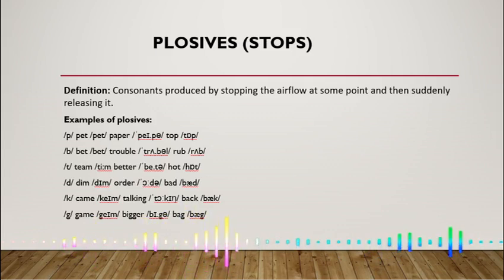The first sound that we have is the sound P, as in pet, paper, top. So you realize that in producing the sound P, there is a blockage of air, or a stoppage in the production of the sound.